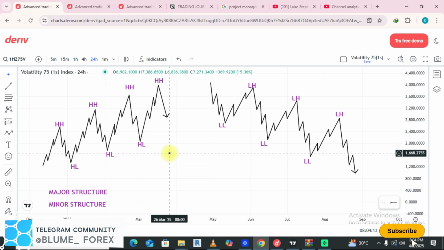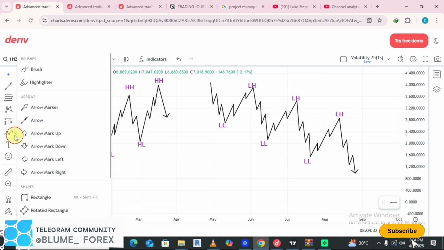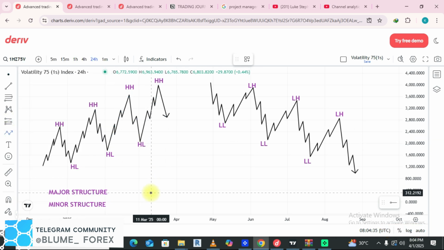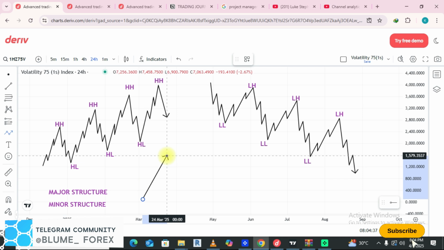The market has a specific behavior that it exhibits throughout every pair or asset, whether synthetics, forex, or stocks, every asset that has candles. That behavior is that when price is moving in a specific direction, whenever it moves, it will exhaust.